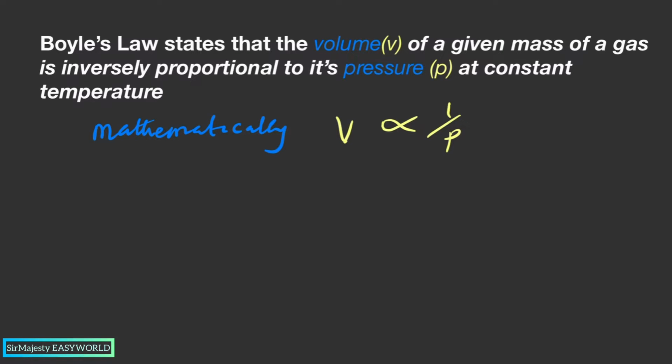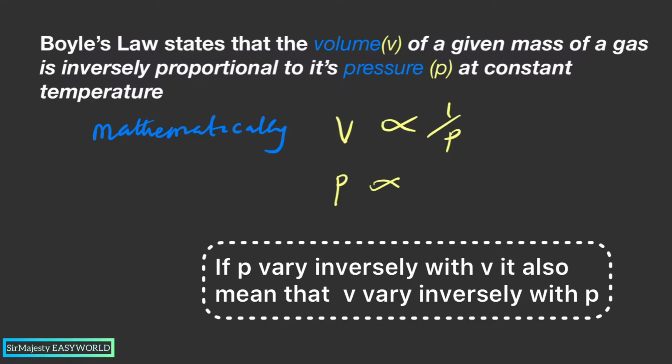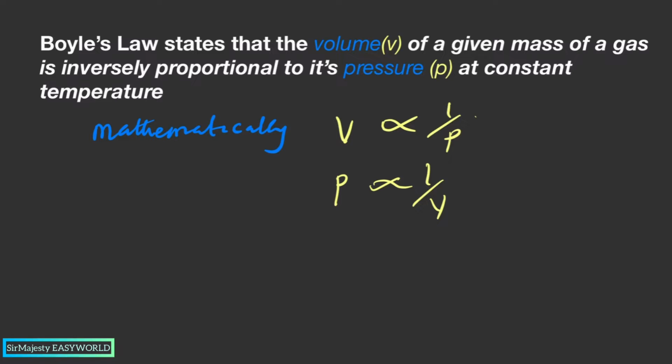Therefore, in inverse proportion, we have to introduce a constant to remove this proportionality sign. Remember that if P varies inversely as V, it also means that V varies inversely as P. So either of these two statements is correct. Any of these statements is still talking about Boyle's law.